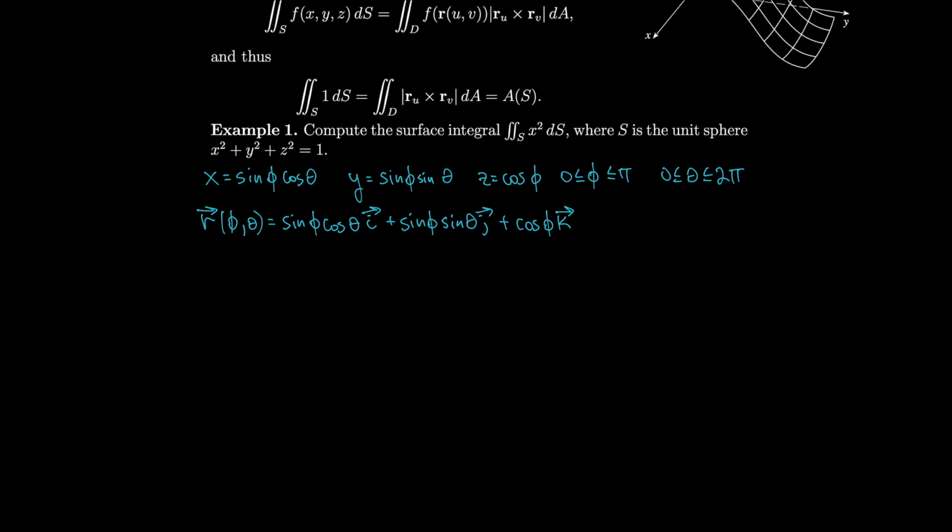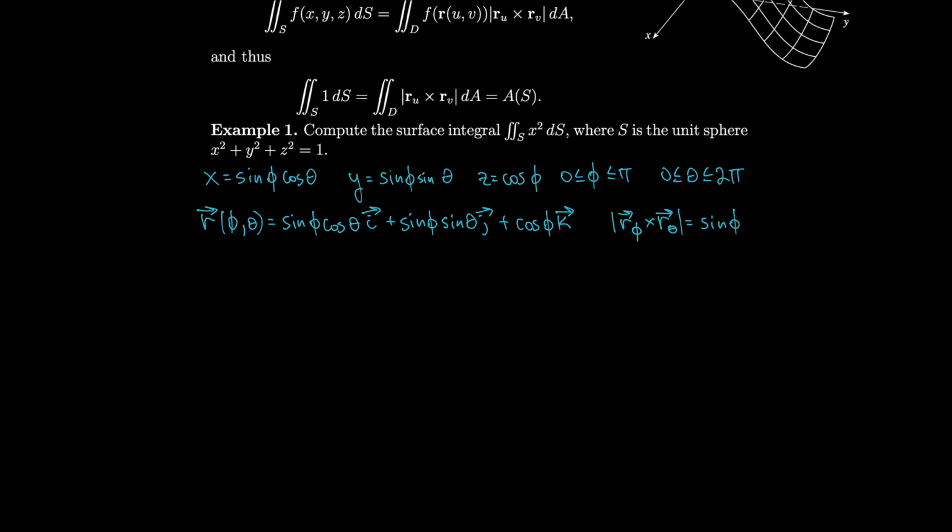Okay, so then we calculated in section 16.6, example 10, that the length of the cross product of r phi and r theta is just equal to sine of phi.